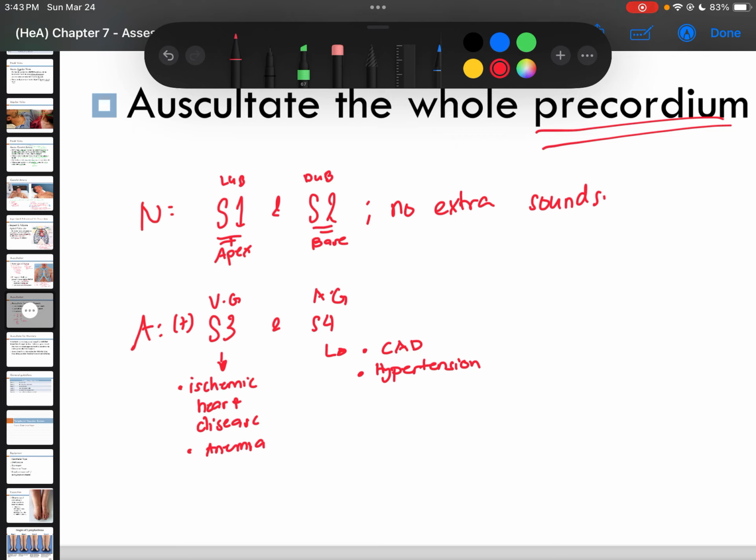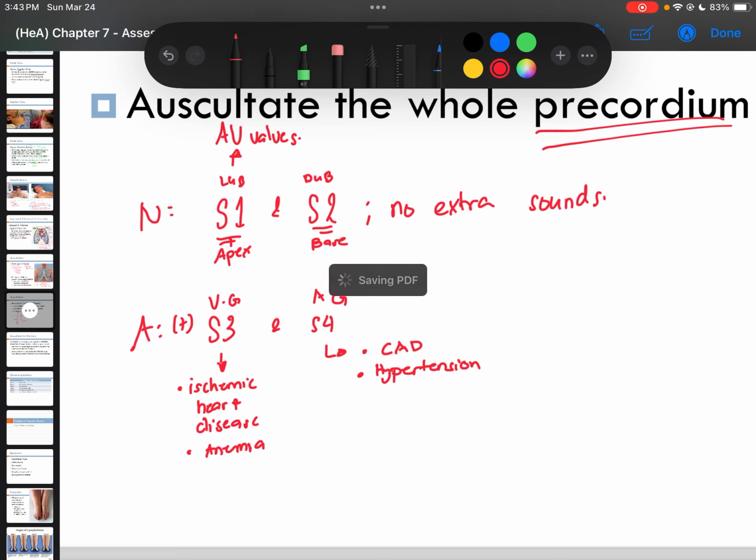Now, you might ask, sir, why is the S1 best heard at the apex, and why is the S2 best heard at the base? Simply put, S1 is the closure of your AV valves, atrioventricular valves.